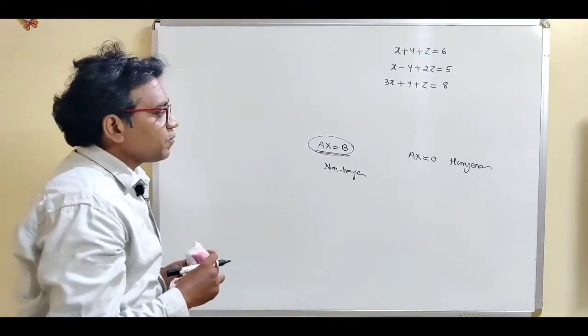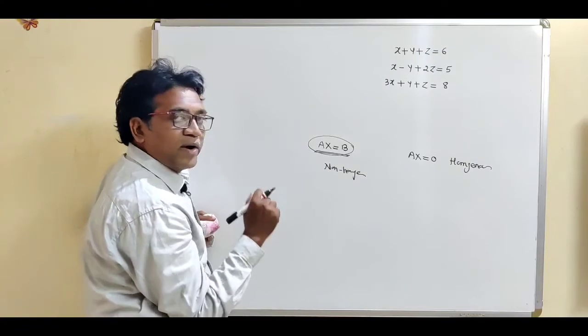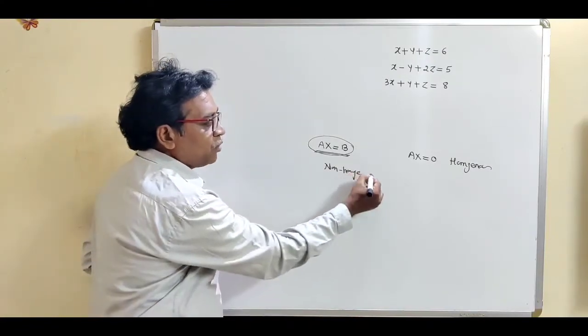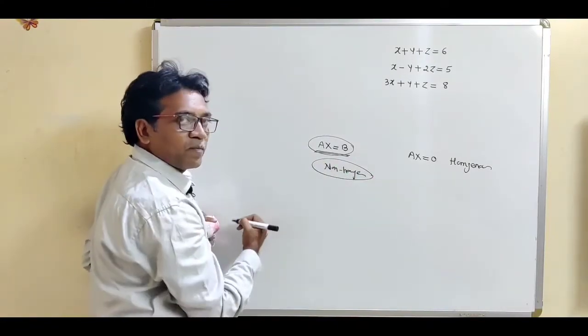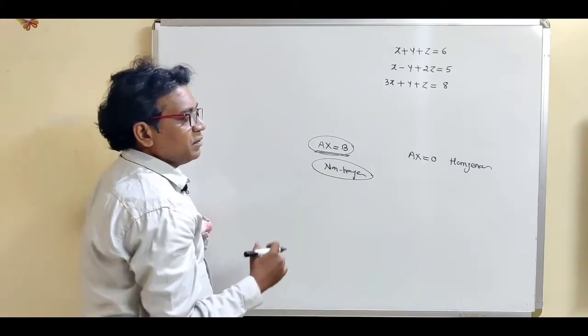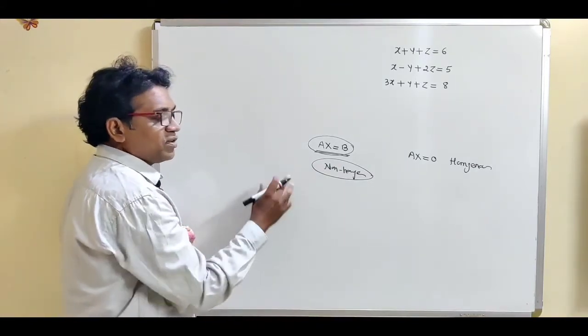Now the question is, how to find the solution of a non-homogeneous linear equation? Just now we have seen the statement of the theorem. So what is that theorem?